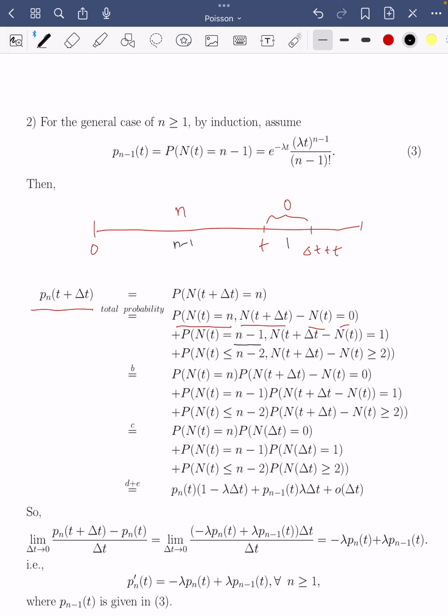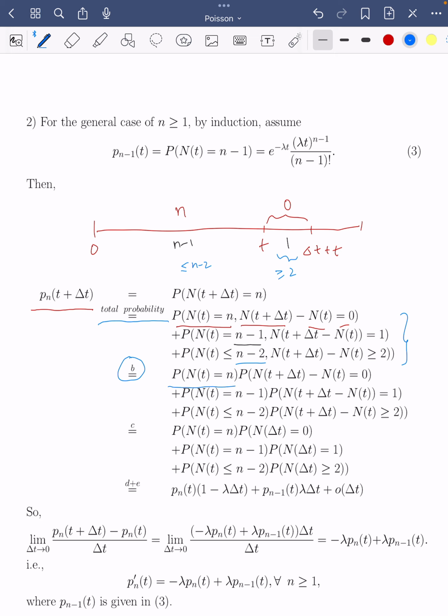The third case is that between 0 and t the number of arrivals is less than or equal to n minus 2, and then in this period it will be bigger than or equal to 2. Okay, so this is the total probability formula. And then we apply the independent increments, and we write these three probabilities as follows.